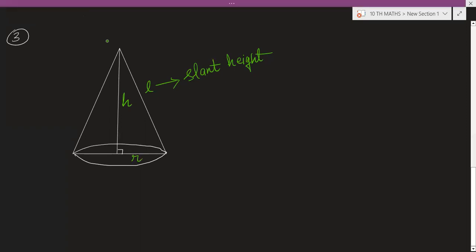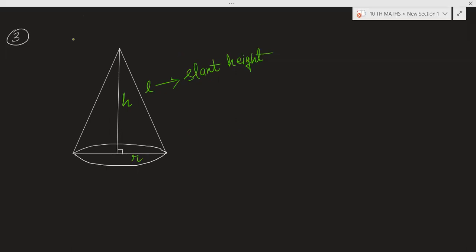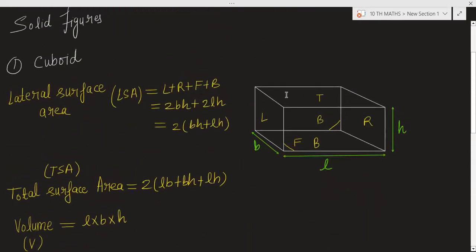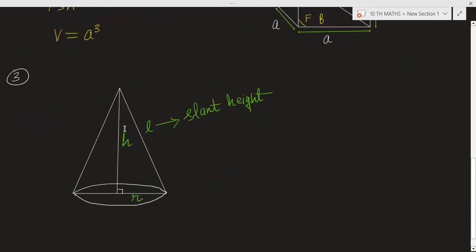So in case of the cone, the curved surface area of the cone. Here, what we have calculated is lateral surface area, because there are no curves. But in this case, we will say lateral surface area as curved surface area, means this area except the area of the base.